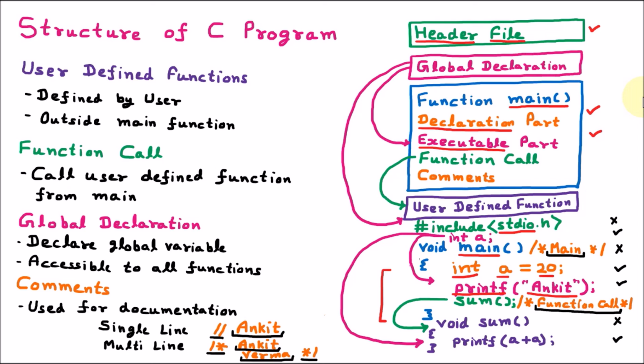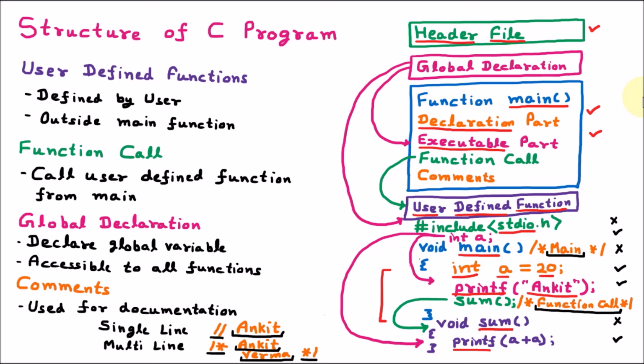Then afterward, we have the user defined functions. If I want to create my own function, let's say I want to create a function named Ankit or a function named sum, these are user defined functions and they are outside the boundary of main. Now these functions can perform any task which we want to specify. Let us suppose that in this case we want to print something.